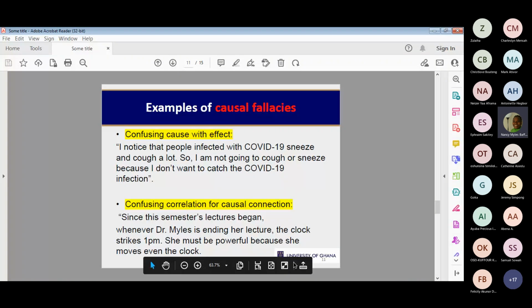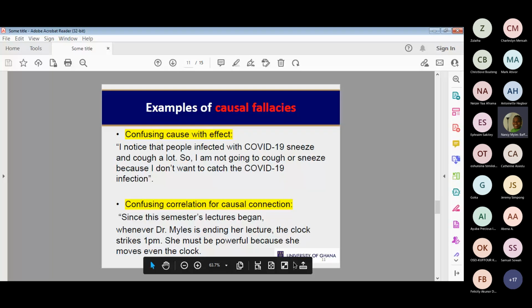I think I used the example of the Muezzin's call for prayer and the fact that whenever I was ending a lecture at City Campus, the clock would strike a certain time. The clock strikes, and it was almost all the time the case because you have to end at a certain time for the next lecture to come on. So just when you wrap up, okay, thank you very much, guys and gals, I hope you have a wonderful day, you hear the clock.